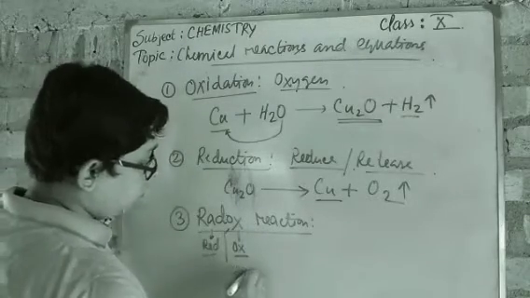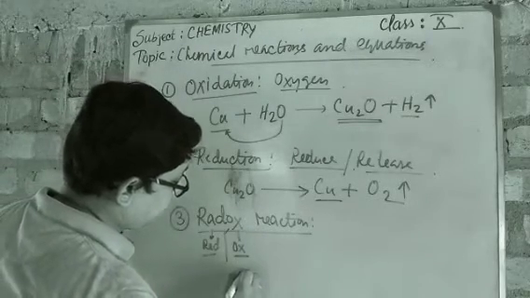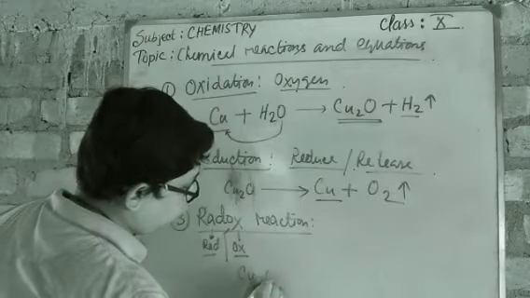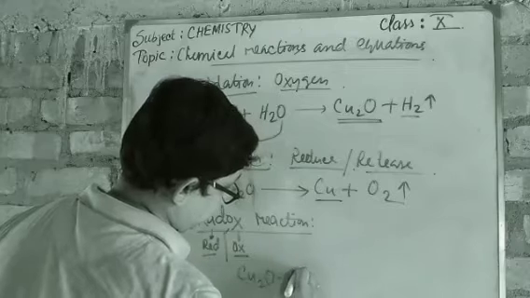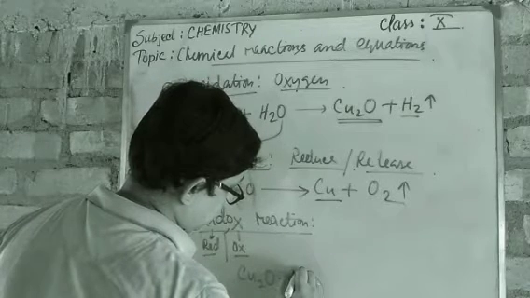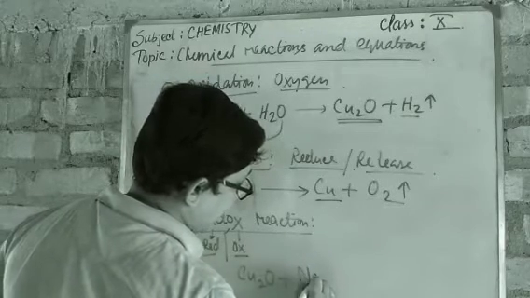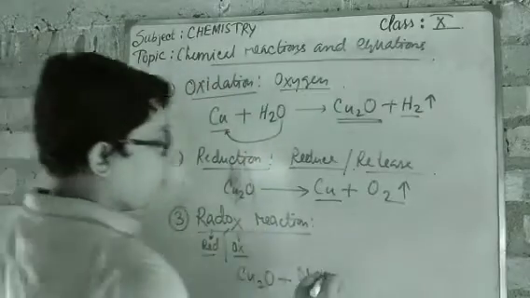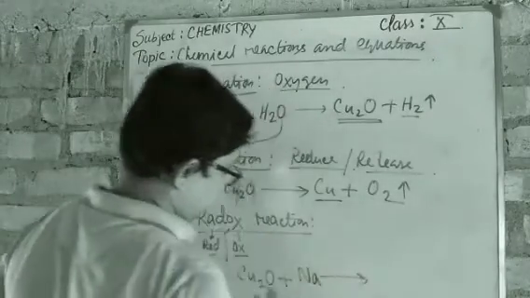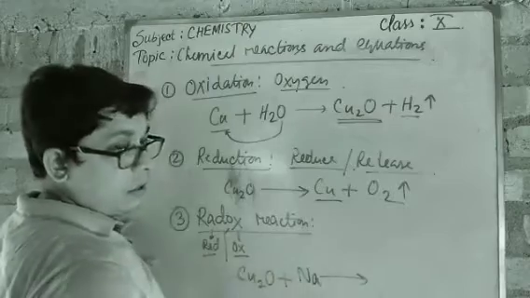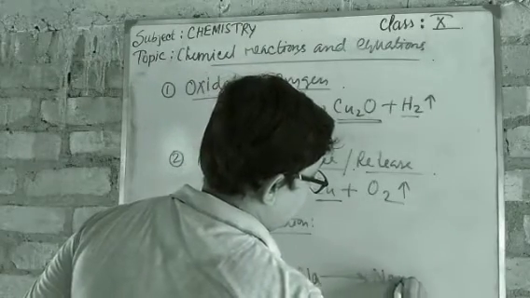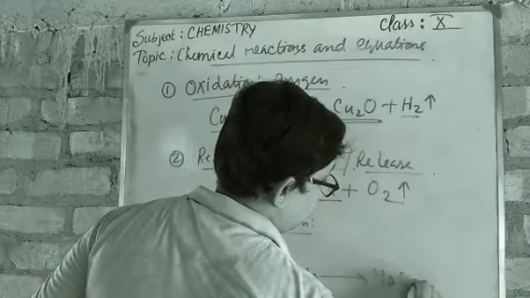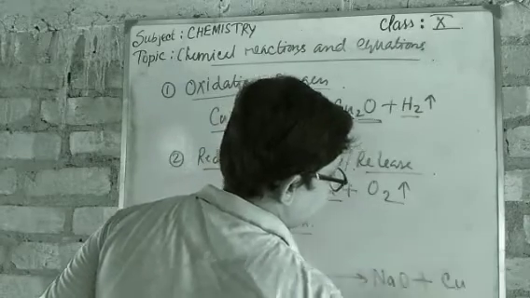So what we can do is Cu2O plus, if we take another metal, that is Na, then it will come as Na2O plus Cu.